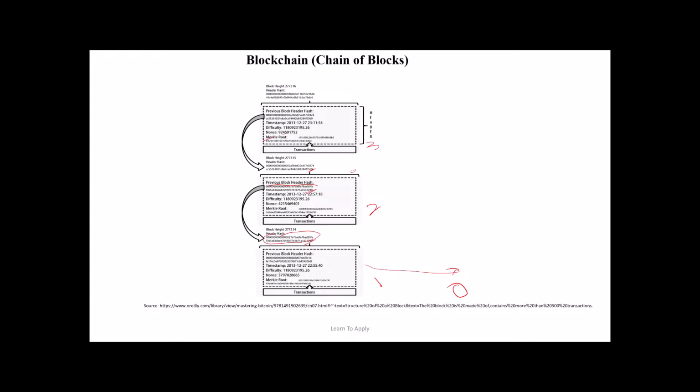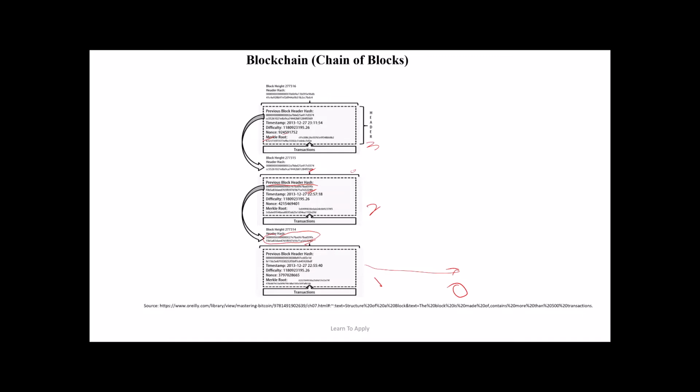This way blocks are connected to each other, and look how beautifully they are connected. If you try to modify anything inside any particular block, the whole chain will be broken, so you won't be able to have a consistent view of that blockchain, and you will know that something wrong has happened, right?